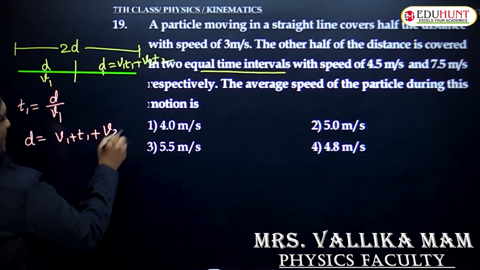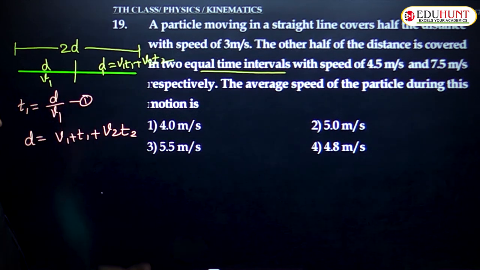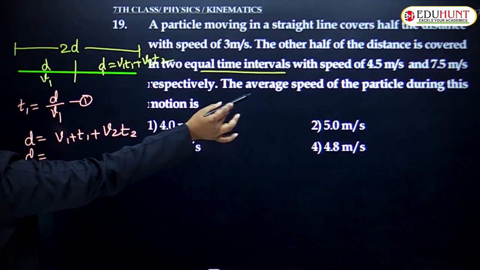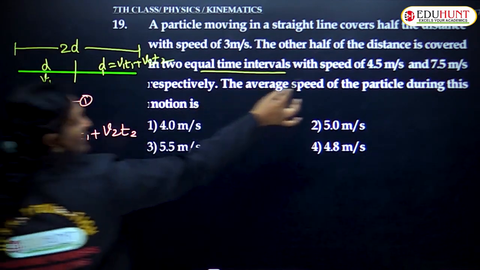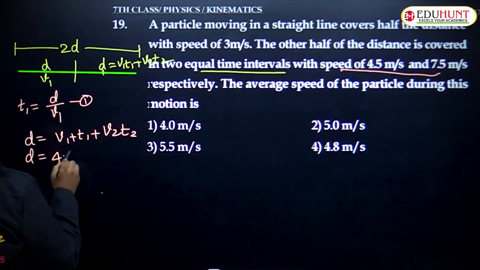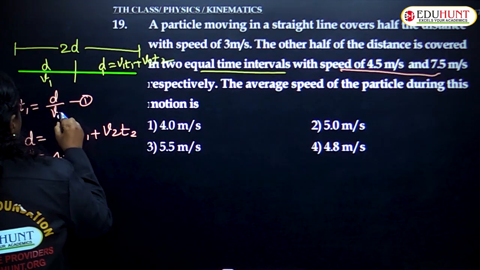Now, coming ahead, this D is nothing but V1 T1 plus V2 T2. Just keep it aside, children. That will help you for another aspect. This D can be written as, what is the value of V1 given to you, children? Yes, in this portion, second race, 4.5. For your simplicity, I'll just remove this V1.